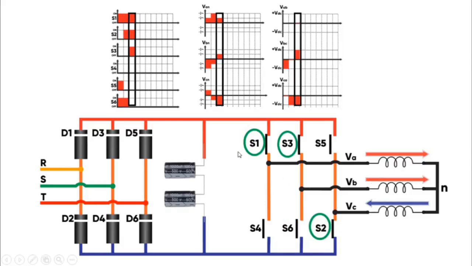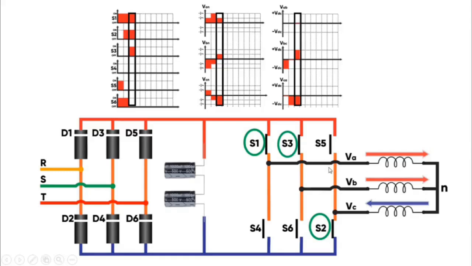In the next slide, S1, S3, and S2 switches are closed for us. The other switches are open, so S1, S2, and S3 each have a value of 1. Since our other switches are open, their value is 0.